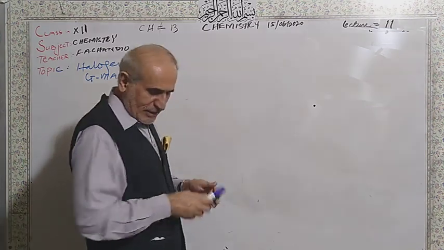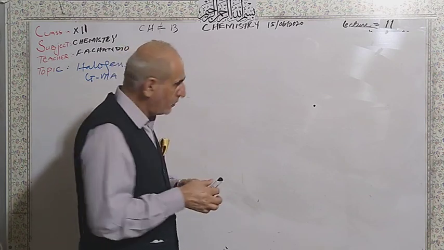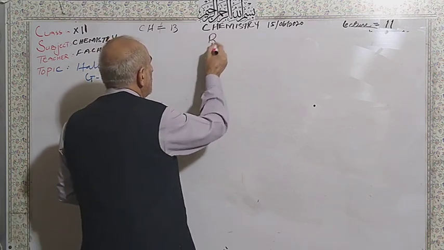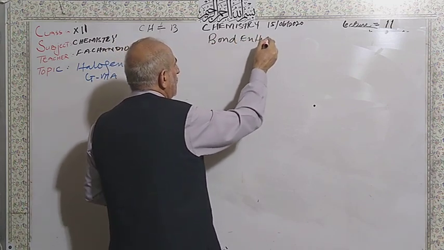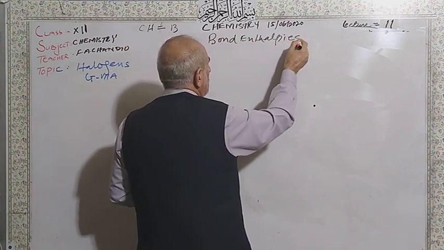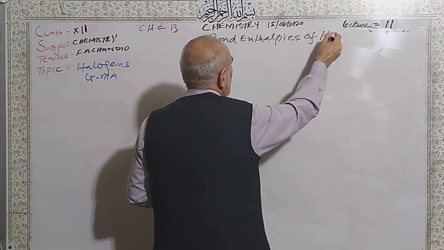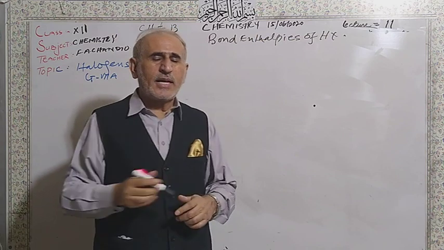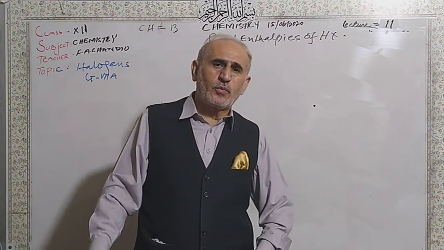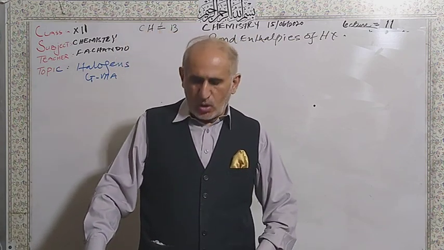hydrogen halides. Hydrogen halide means hydrogen chloride, hydrogen fluoride, bromide, iodide, like this.